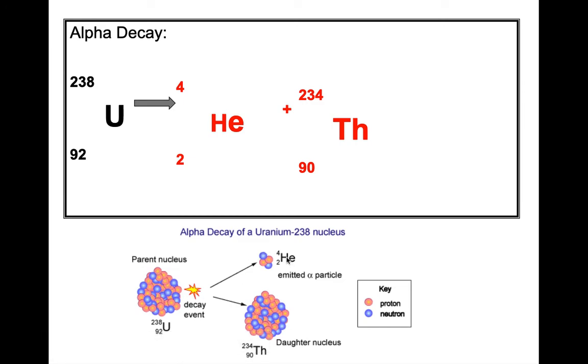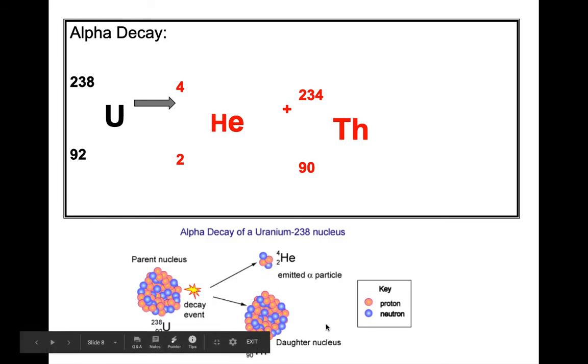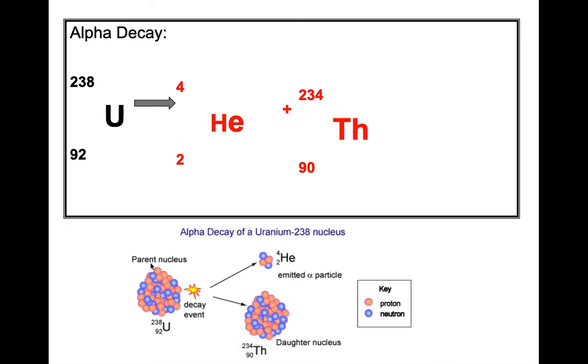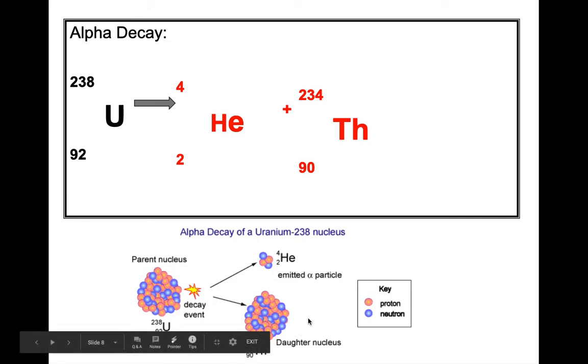It's giving off this helium nucleus, which is an alpha particle. So it's losing 2 protons, it's losing 2 neutrons, therefore it becomes what we call the daughter nucleus. This is called the parent isotope, or sometimes the parent radioisotope. This is the daughter radioisotope, and it becomes thorium.